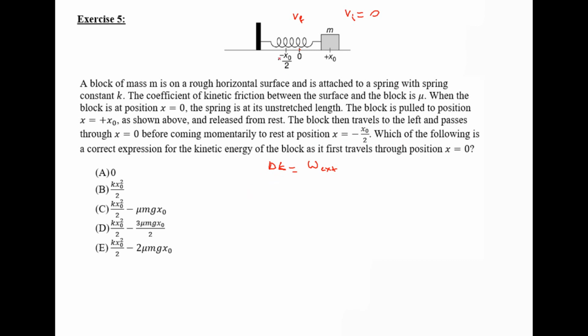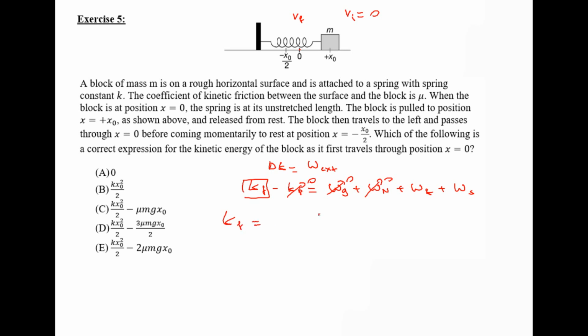Now we're interested in determining the kinetic energy at this point. That would be K final minus K initial is equal to the work done by the external forces: gravity, normal push, friction, and the work done by the spring. The work done by gravity and the normal push would be 0. The initial kinetic energy is 0. Now we're interested in determining the final kinetic energy.